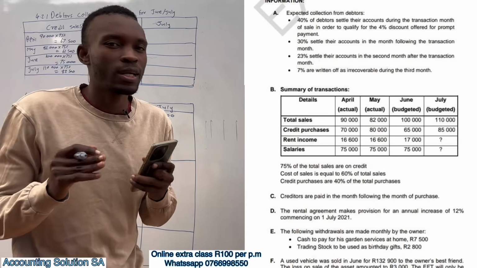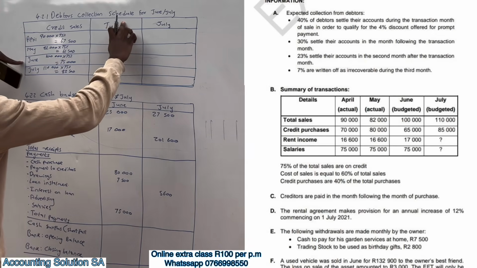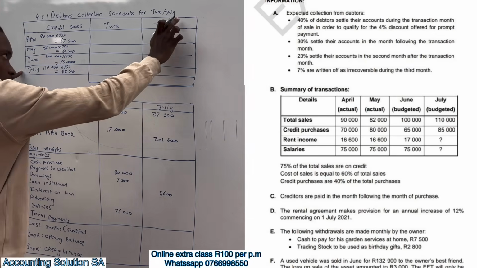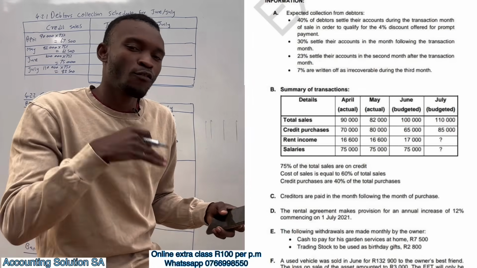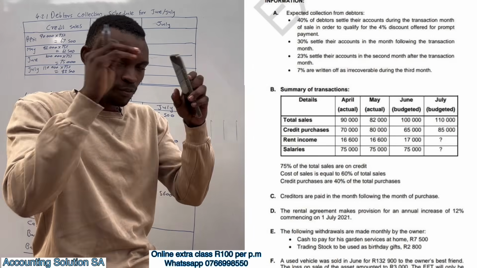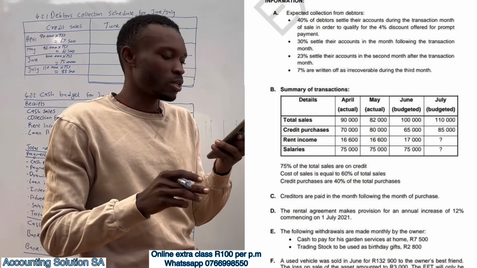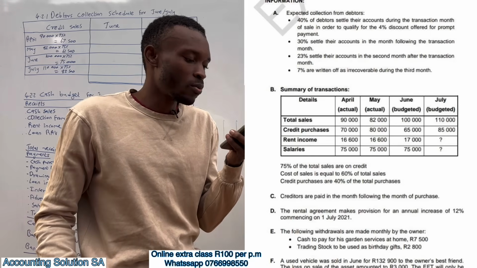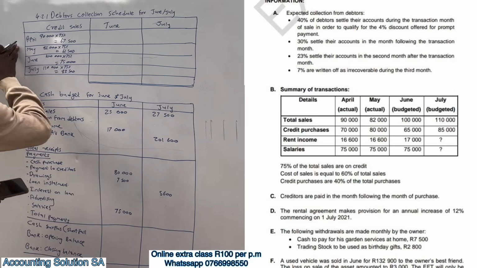Same month simply means that if we are in June, it's going to match June. If we are in July, it's going to match July. Following month means if we are in January, the following month is February, which is going to be 30% in this case, because they say 30% settle their account in the following month.